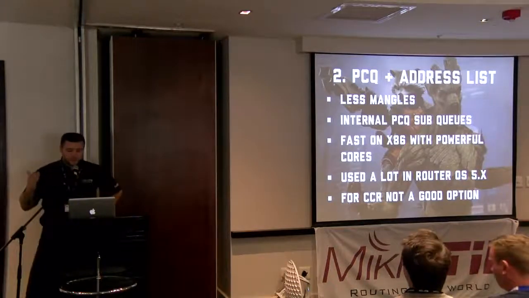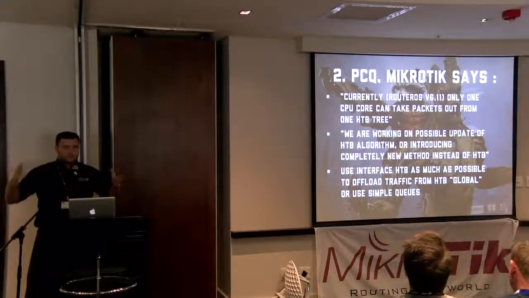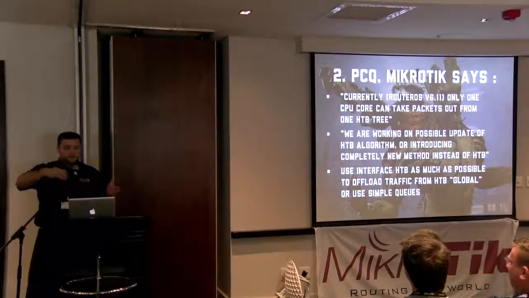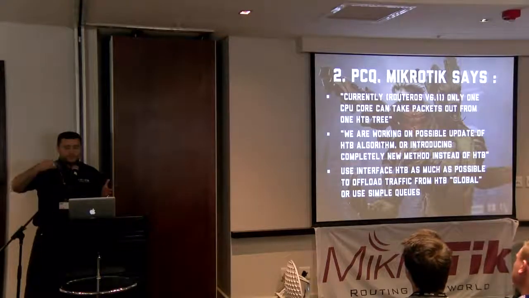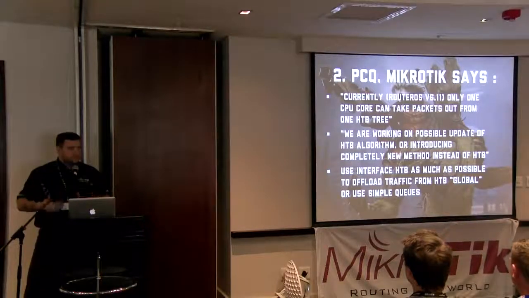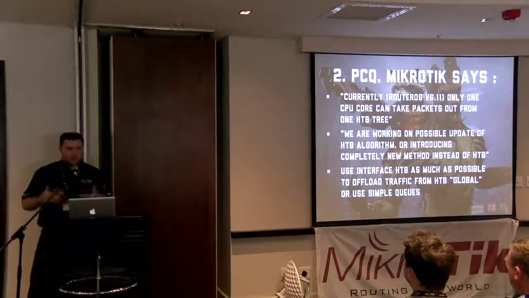The reason is that MikroTik is saying that, yes, they have multiple cores, but the problem is when you build one queue, only one CPU takes packets out from one HTTP tree. So it's not working well on high speeds. As soon as we get like 500 megs, 1,000 customers, Cloud Core will start giving us issues.